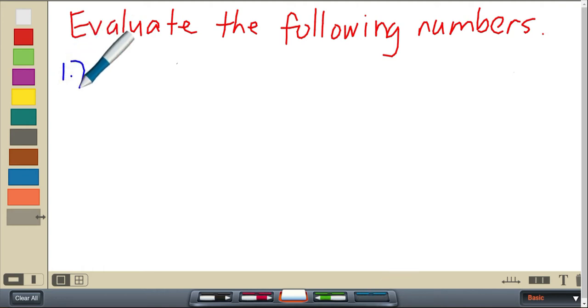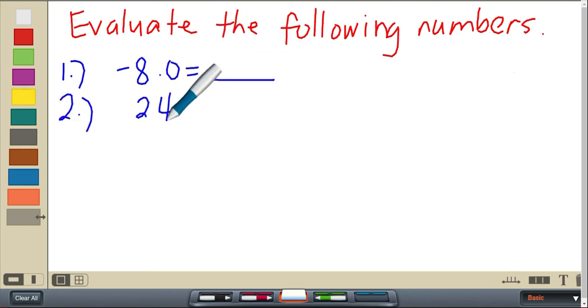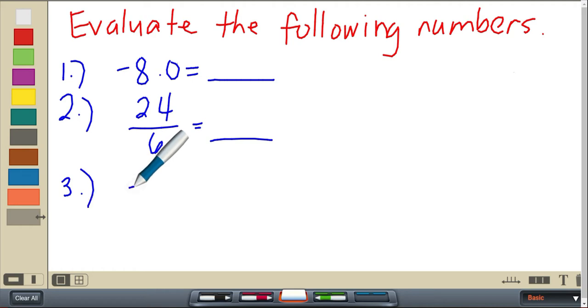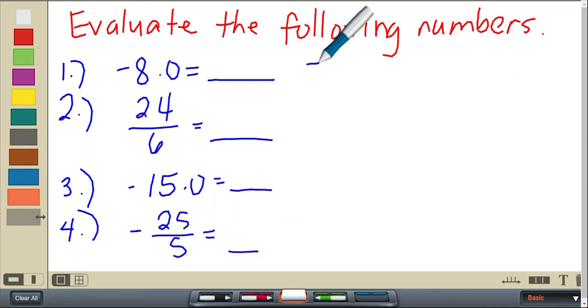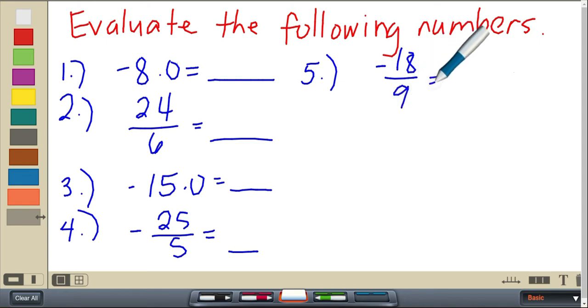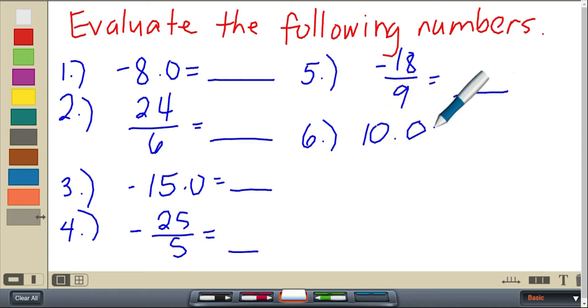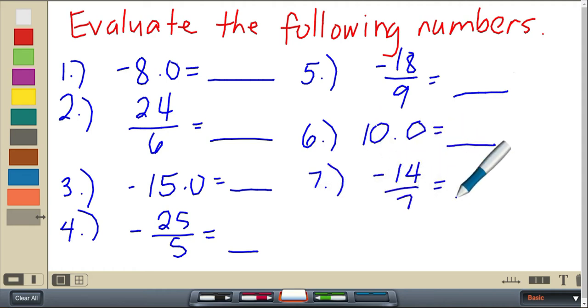So we have number 1, number 2, number 3, number 4, number 5, number 6, number 7, number 8.